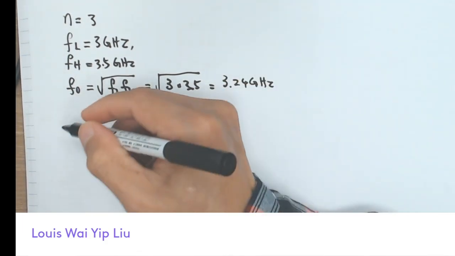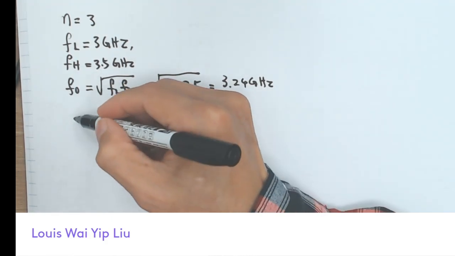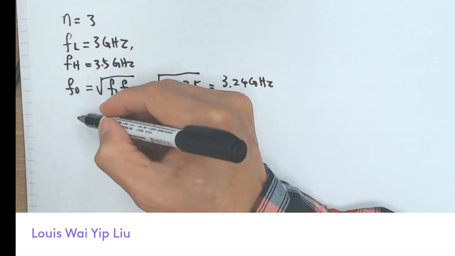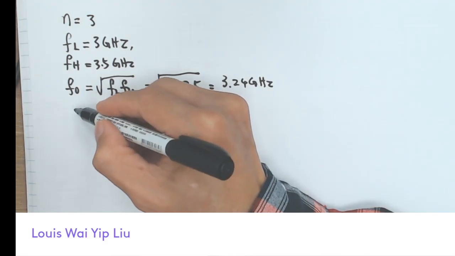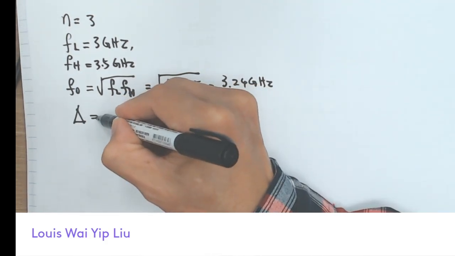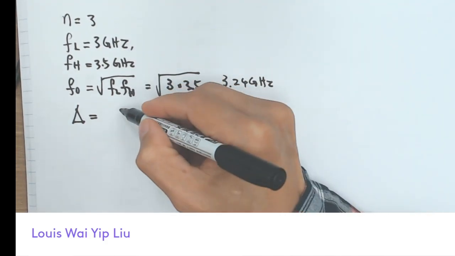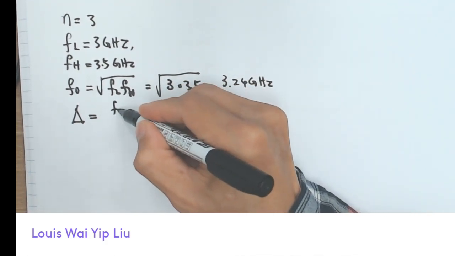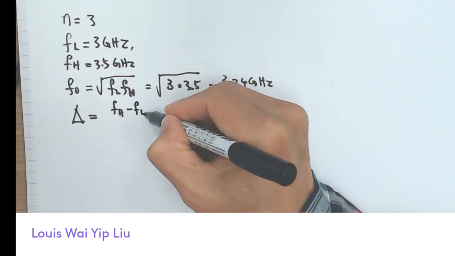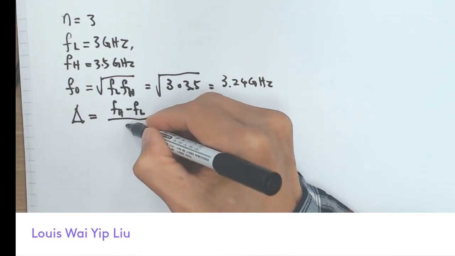And from here we can work out the fractional bandwidth. The fractional bandwidth is the actual bandwidth divided by the resonant frequency.